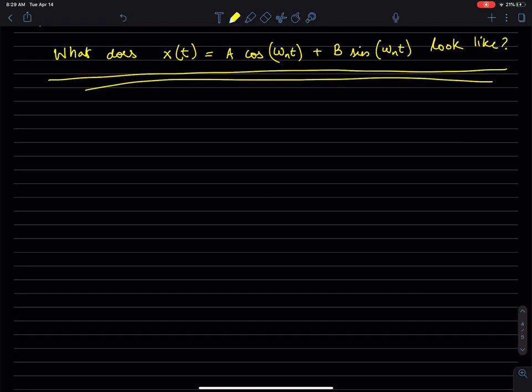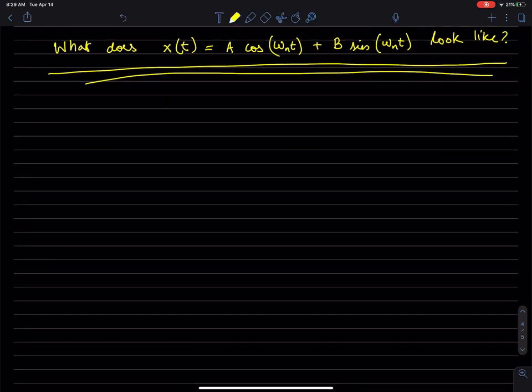The first thing to understand, of course, is what cosine and sine look like. So let's just draw those pictures to recall. Cosine looks like this and then repeats after itself, right?